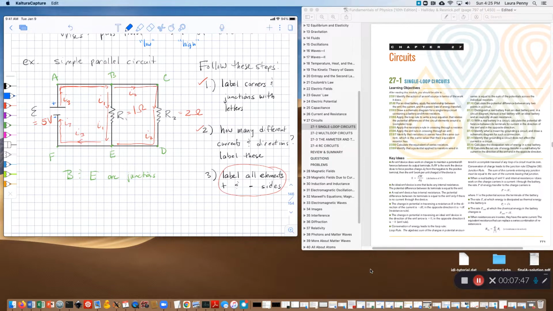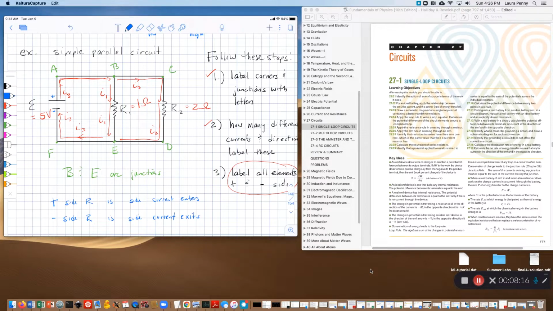But for resistors, the positive side of a resistor is the side the current enters, and the negative side of a resistor is the side the current exits. So when I look at resistor 1, current comes in on this side and it exits on that side. For resistor 2, current comes in on this side and exits on that side.